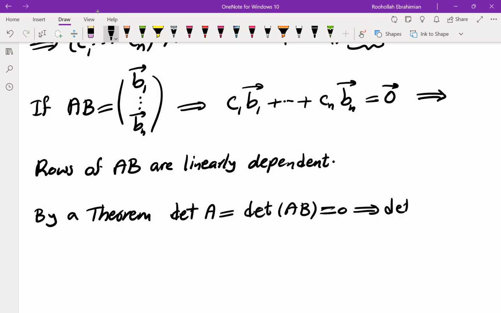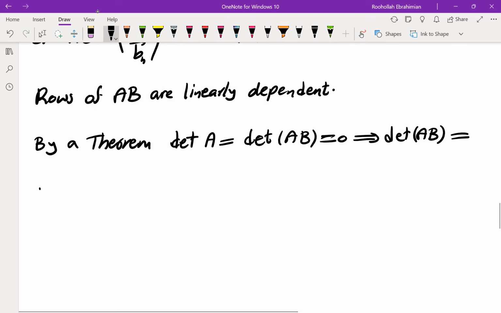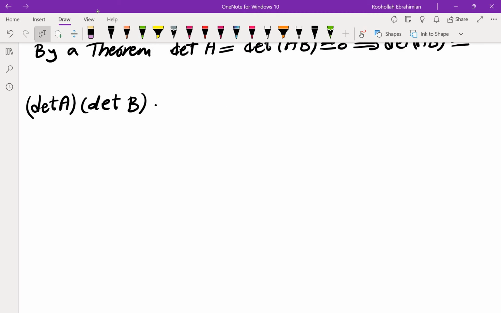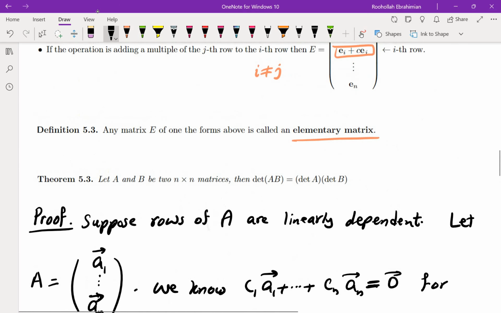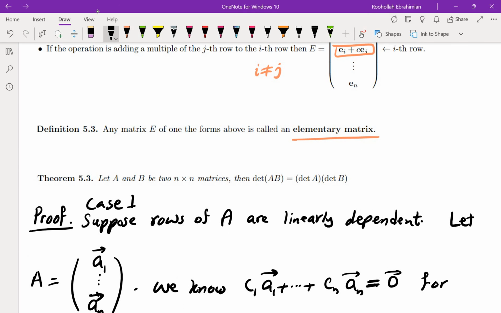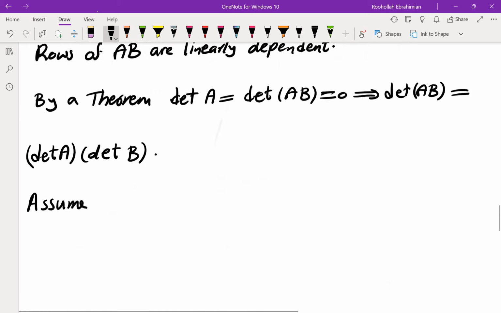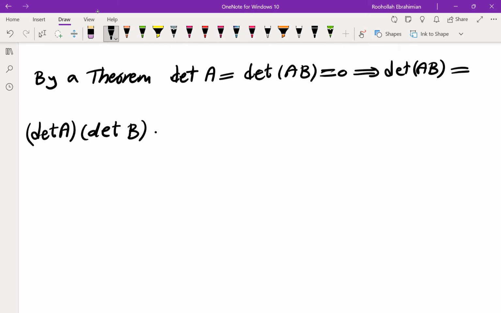It means in fact the determinant of AB is equal to the determinant of A times the determinant of B. This is the case where the rows of A are linearly dependent. So there are basically two cases. The first case is where the rows of A are linearly dependent, and the second case is where the rows of A are linearly independent.